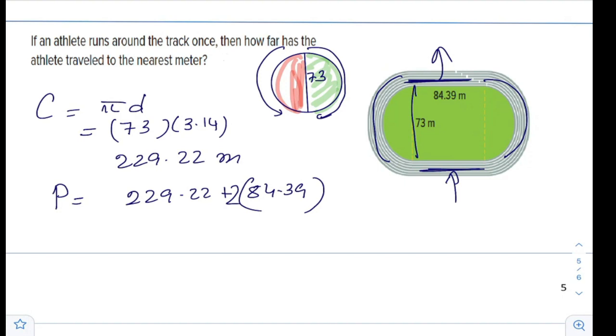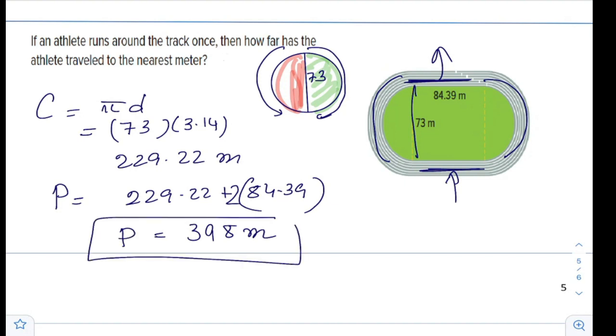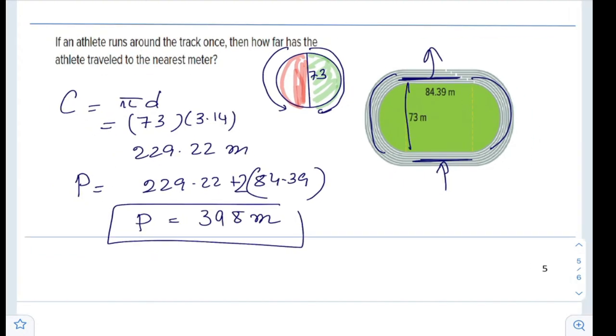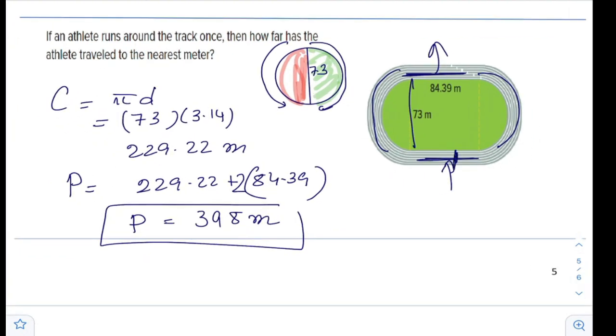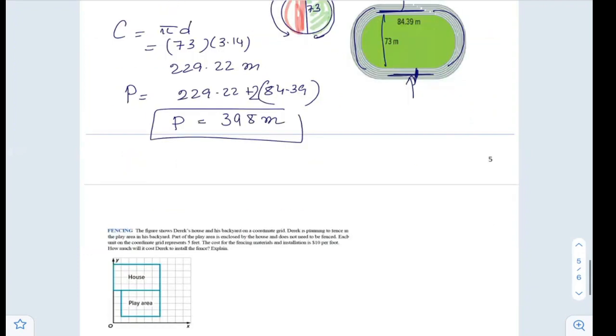So we will add 84.39 twice, and it is giving us 398 meters. Here we are approximating according to the dimensions given. We are ignoring the thickness of this track.